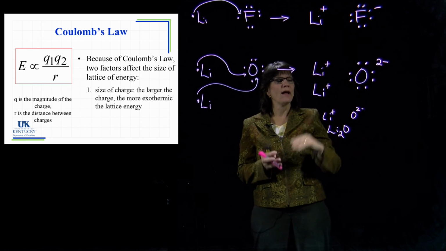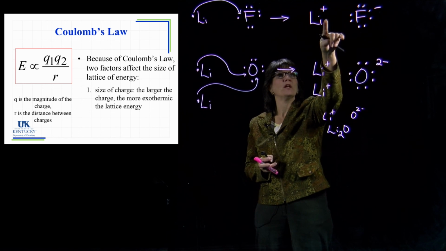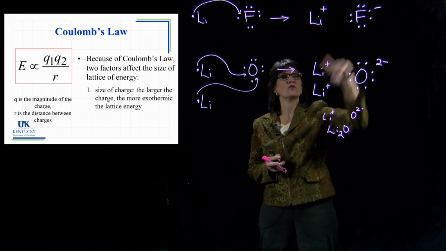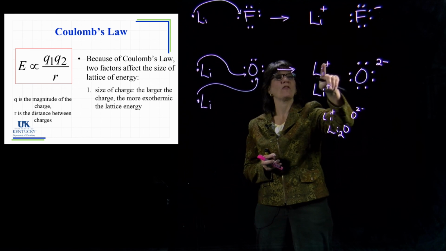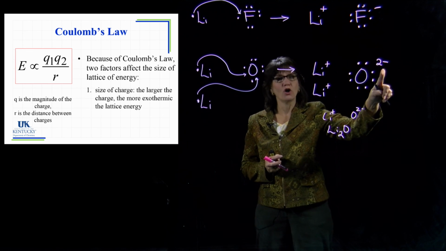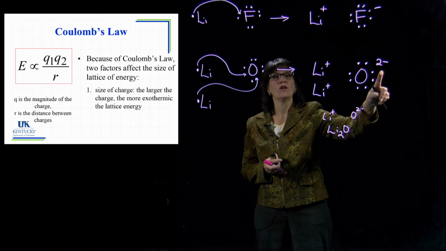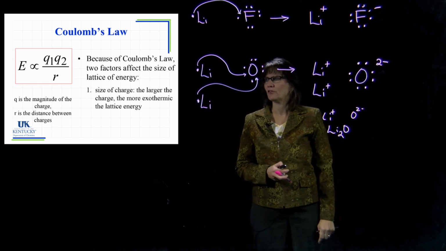So when you're comparing ionic compounds, and here's two ionic compounds, lithium with a plus one, minus one, and fluoride with a minus one, or lithium with oxygen where we have a plus one and a minus two, the bigger the charge, the greater the lattice energy is going to be. The more negative energy is going to be released.